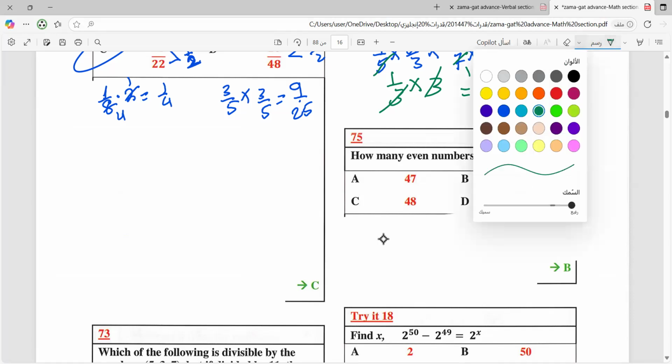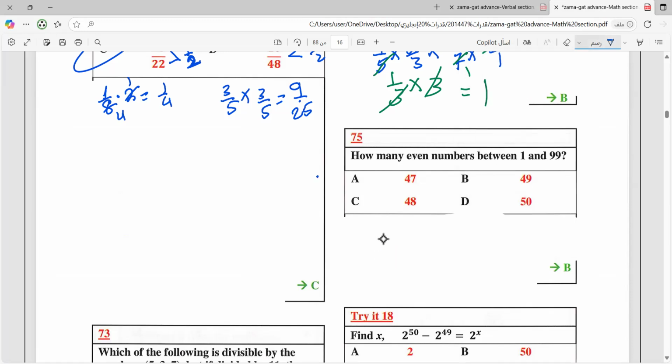And like this, so it will be between 1 and 99. So 99 minus 1 divided by 2, divided by 2, so it will be 49.